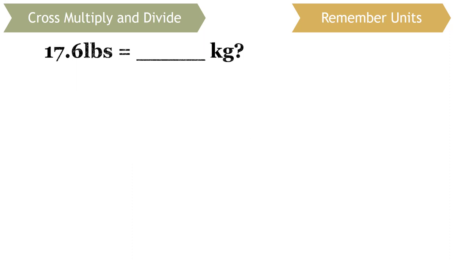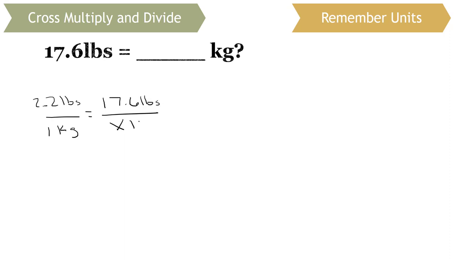Alright, so now we have 17.6 pounds equals how many kilograms? Alright, so set up your proportion. You know that 2.2 pounds is 1 kilogram. Here you have 17.6 pounds.